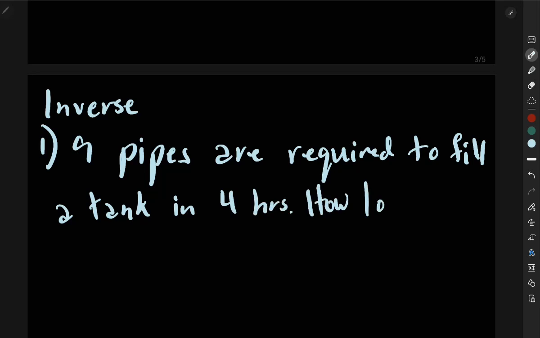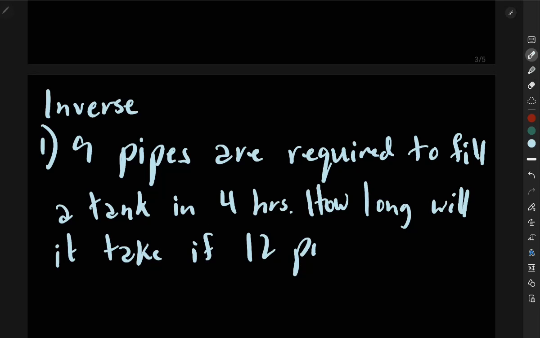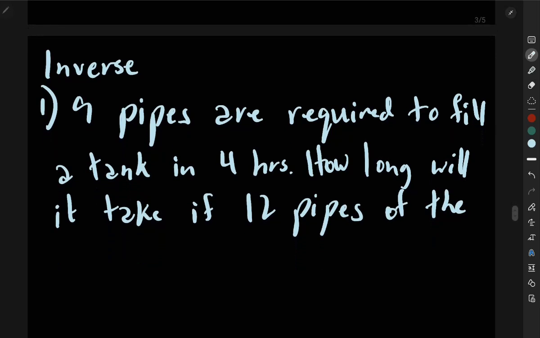How long will it take if 12 pipes of the same type are used?